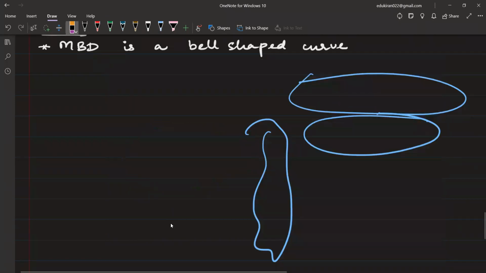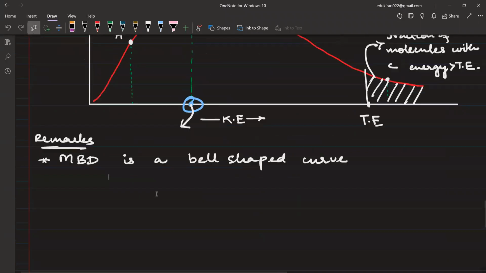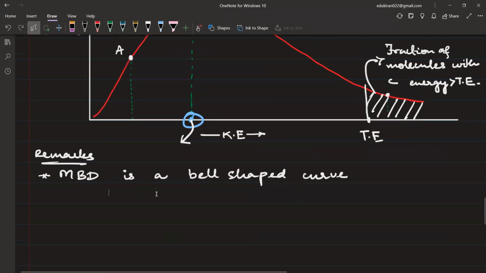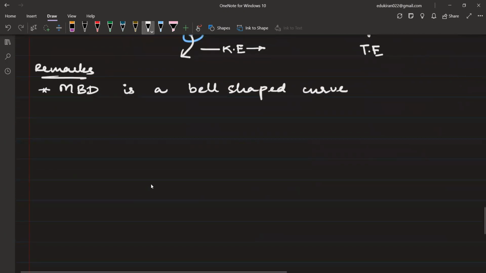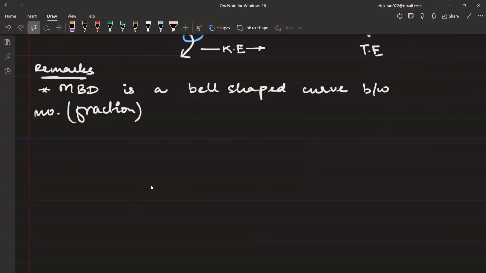Actually, I'll start noting everything down. Okay, fine. Remark: it is a bell-shaped curve, between numbers or sometimes fractions also. Okay, fraction of particles and kinetic energy.